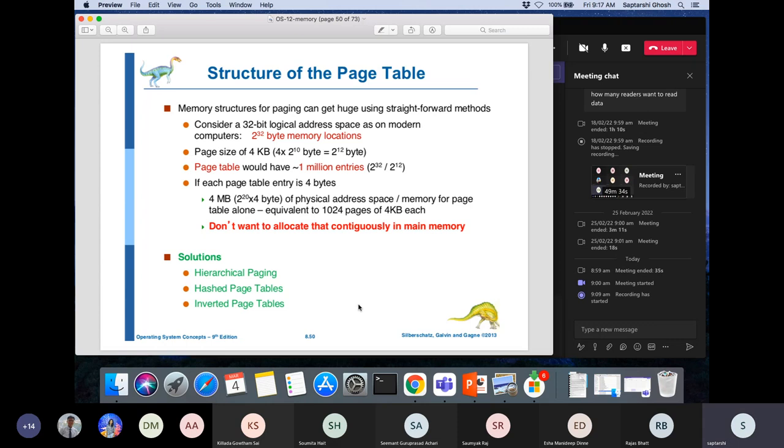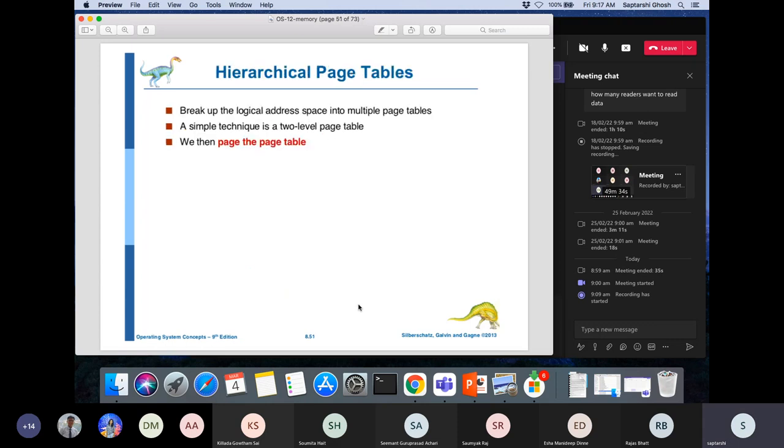Let us start with the first solution, hierarchical page tables. The problem is the page tables have become too large and we do not want to allocate so much memory contiguously for storing page tables. In this method, we break up the logical address space into multiple page tables, and we have a multi-level page table.